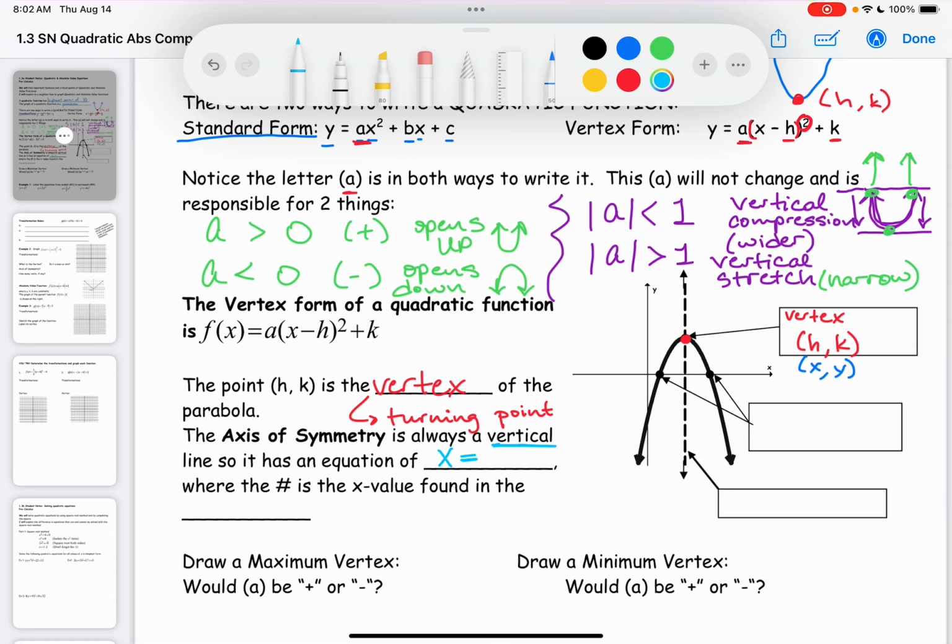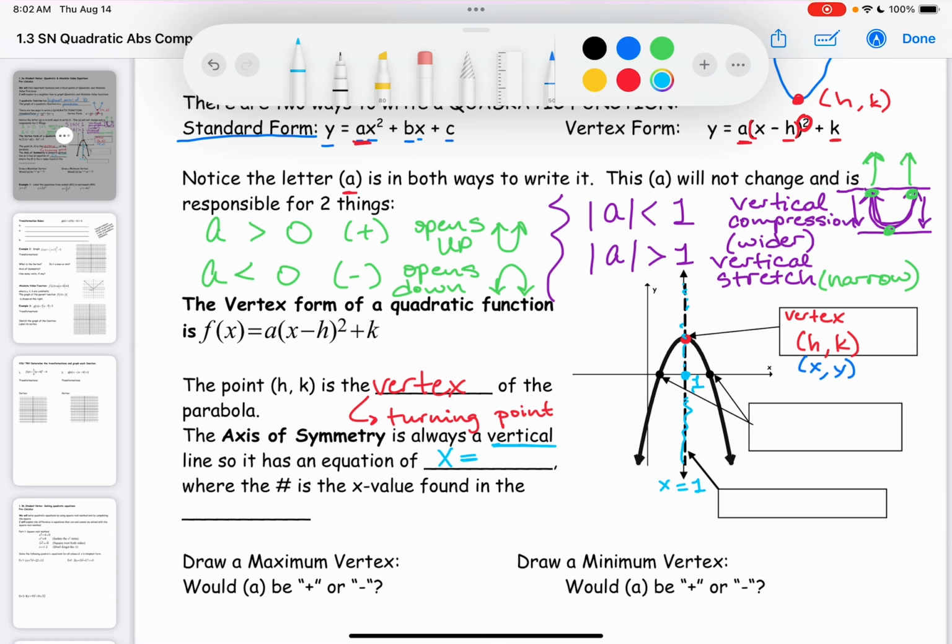So for instance, just throwing out a number here, let's say this point right here is 1. So this entire dotted line right down the middle would be x equals 1 because it covers every x value of 1.